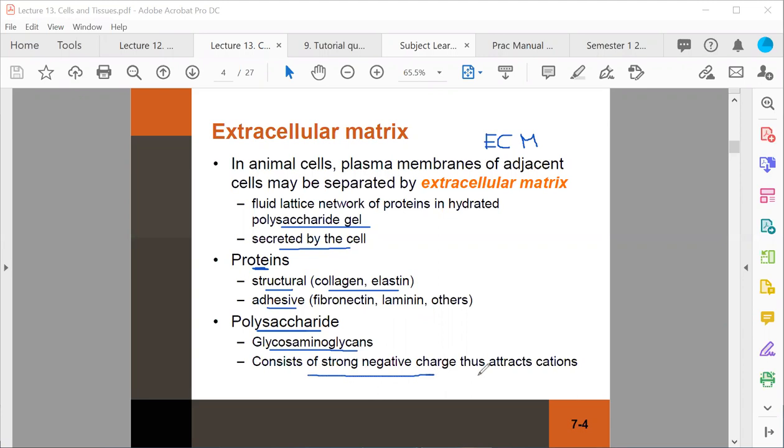These negative charges attract cations into the extracellular matrix, and because cations move into the ECM, water will naturally follow by osmosis. So you have a very highly hydrated network, and that high degree of hydration provides cushioning against compressive forces.